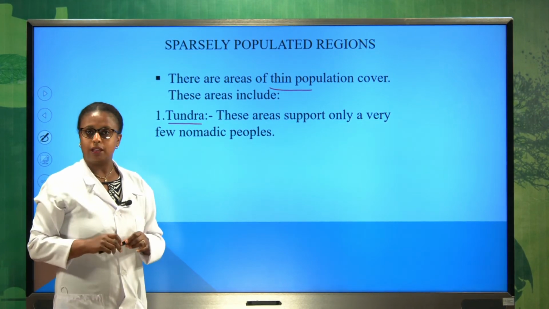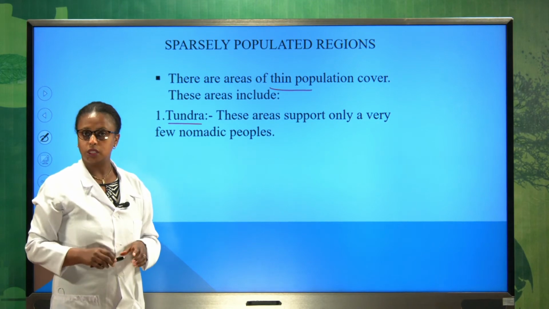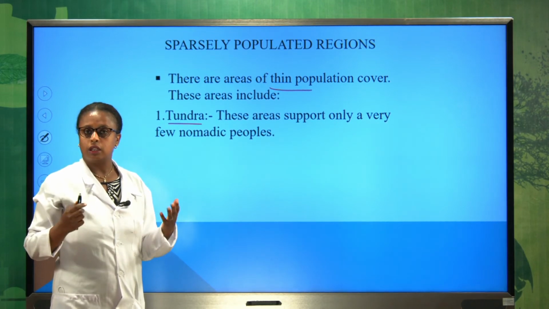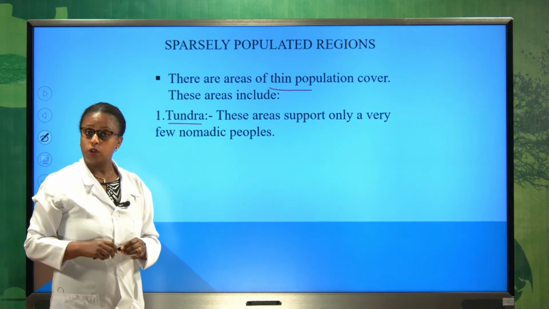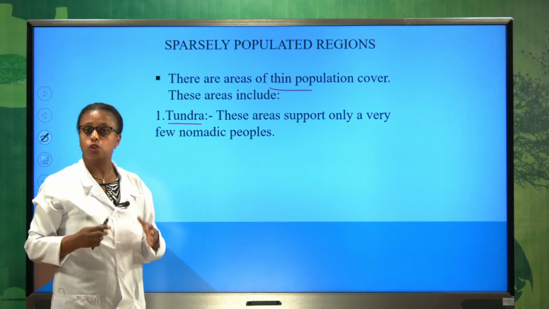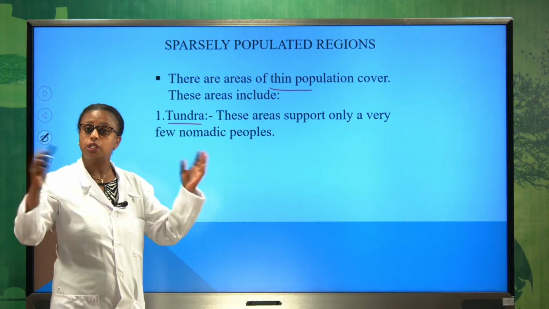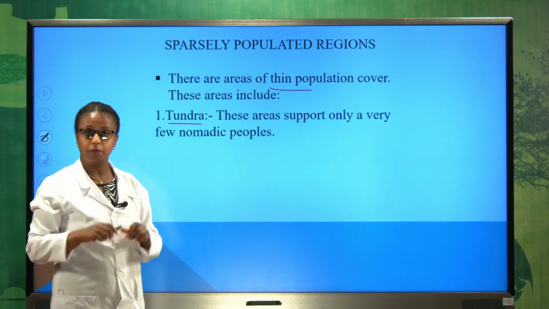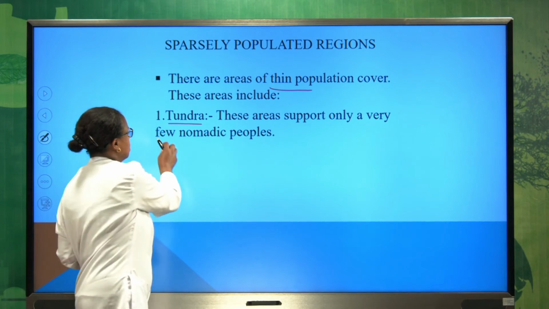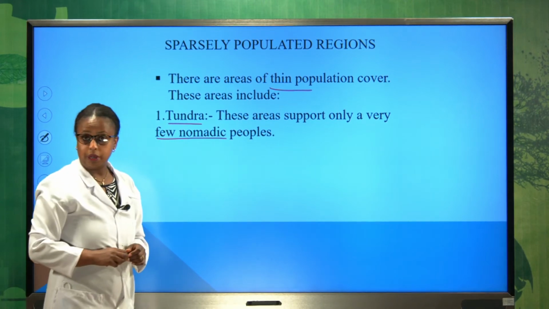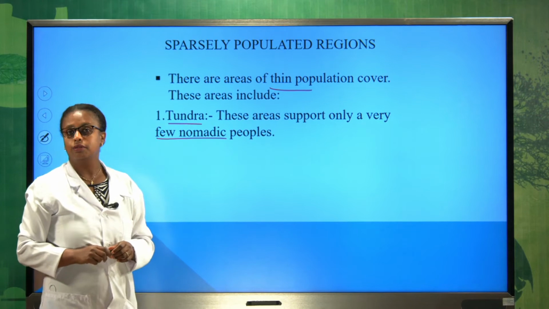Only low forms of plants, such as mosses, lichens, and grass, grow. The soil is also infertile and covered by snow and ice. Because of these factors, the settlement of a large number of people is very restricted or limited. Only a few nomads live in the region. They depend on hunting, herding, and fishing.